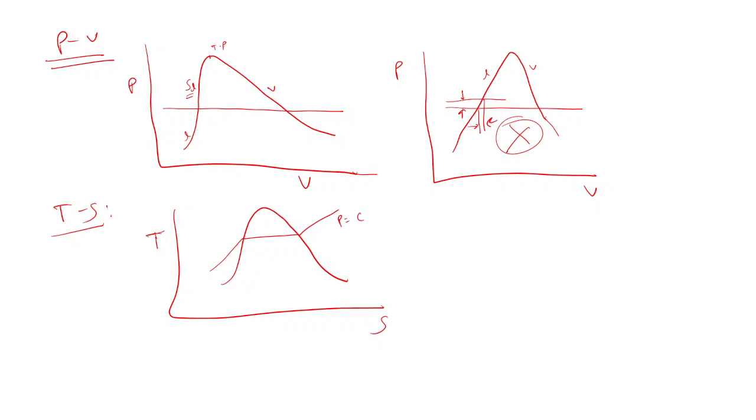P equal to constant pressure line we will draw like this. Okay, so this is just saturated liquid, and here it is vapor, and in between is liquid plus vapor. In the steam table we will know the properties at this point, and we will know the properties at this point.